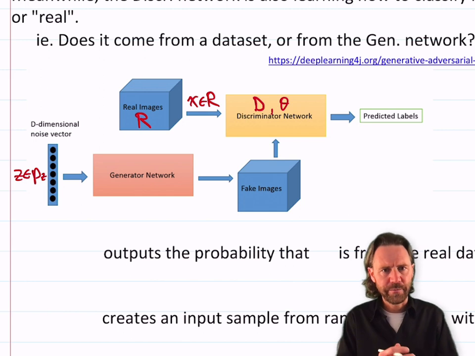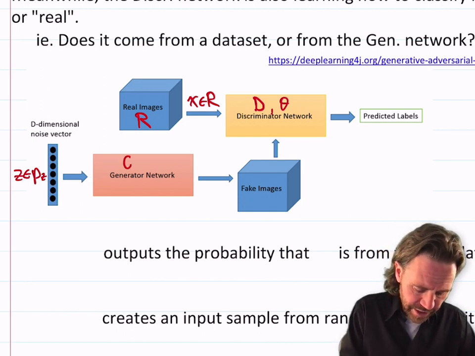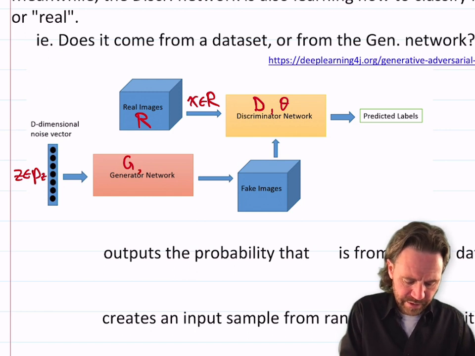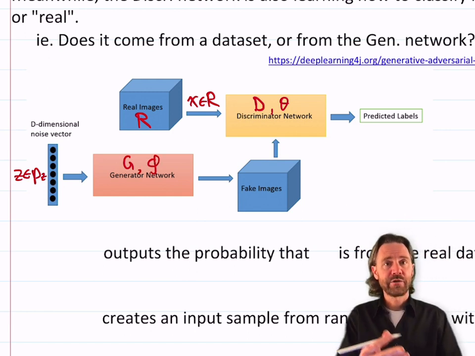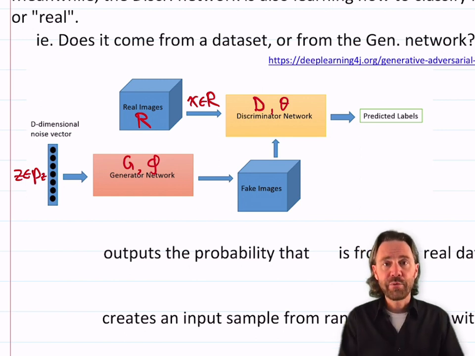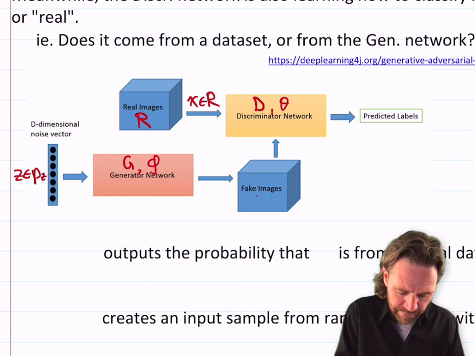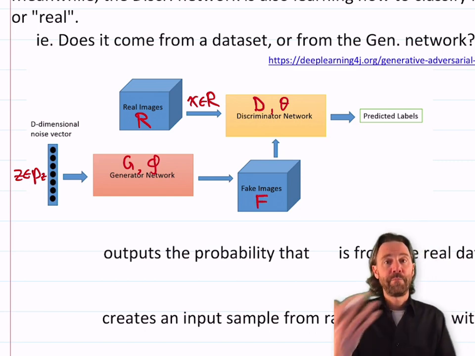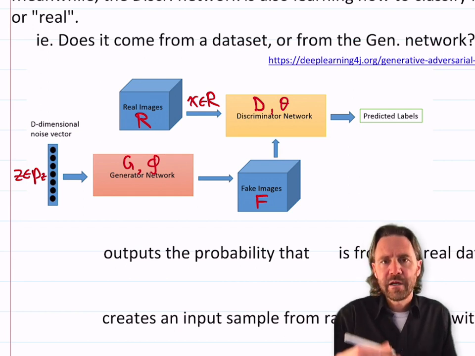It doesn't really matter though. We take those random numbers and we put them through the generator, G, and it has parameters phi. So it's going to take that random vector and output something that hopefully will look like an actual input. But it's actually a bunch of inputs that are fake, right? Because they were generated.